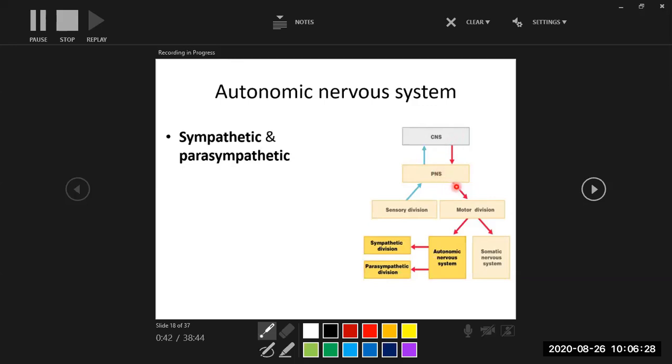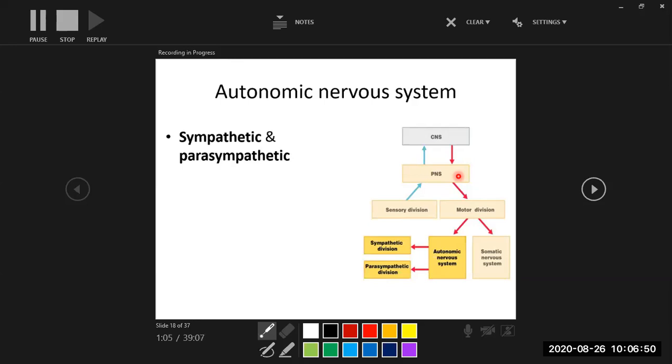And then we have the peripheral nervous system. The peripheral nervous system is the nerves that interface with the outside world, not just the outside world, but outside of the nervous system, okay? So it interfaces with other organ systems.